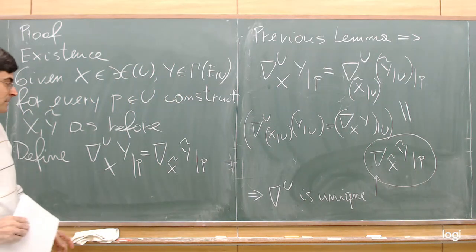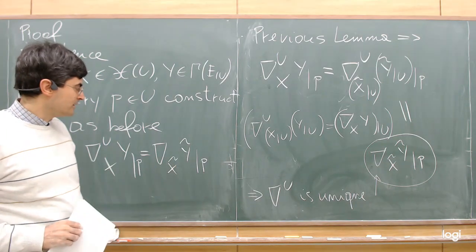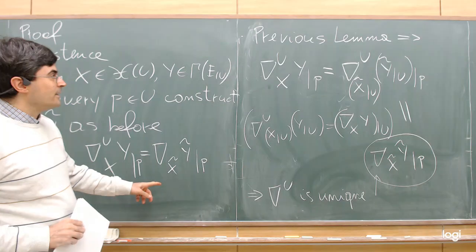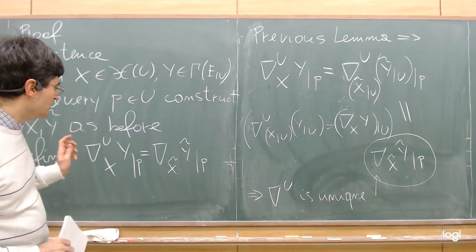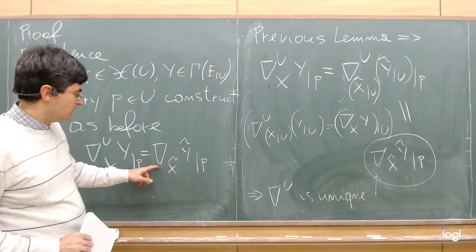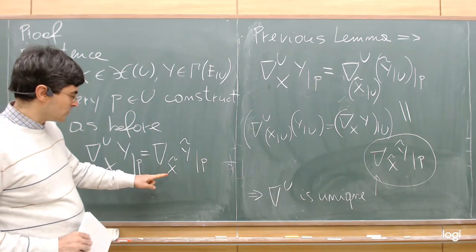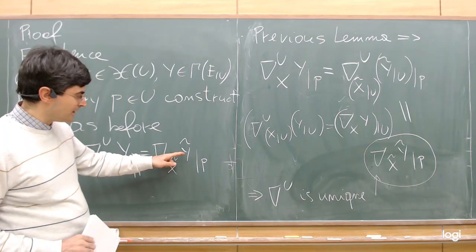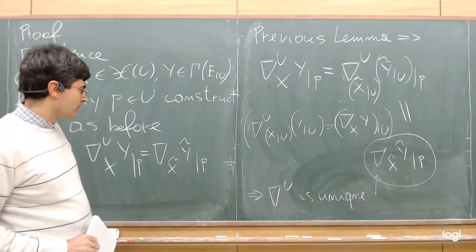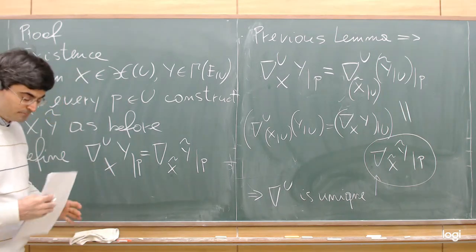This formula does not depend on the choices of x tilde and y tilde by the lemma I proved before, because the value of this covariant derivative depends only on the values of x tilde and y tilde in a neighborhood of P, and they coincide with x and y.